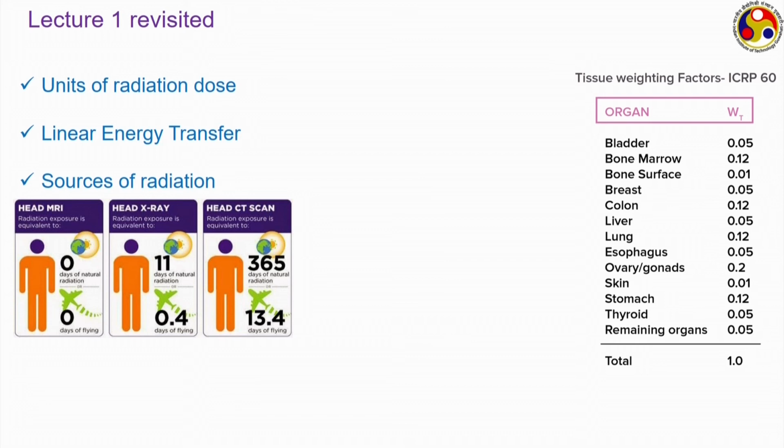A very general or simple technique like an X-ray can impose radiation equivalent to 11 days of natural radiation, whereas a CT scan, which is again quite a common technology nowadays, just one sitting of head CT scan can lead to radiation exposure to your body which is equivalent to 365 days, that is one full year of natural radiation, or more than 13 days of flying.